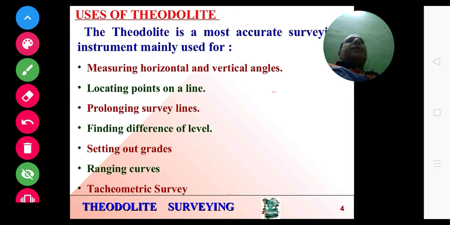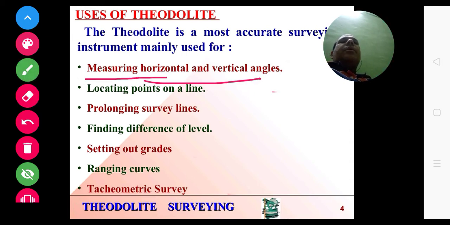These are the main uses of theodolite. You can see here the different uses of theodolite. The very first use is measurement of horizontal and vertical angle.